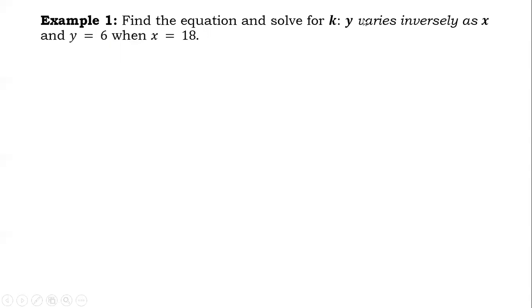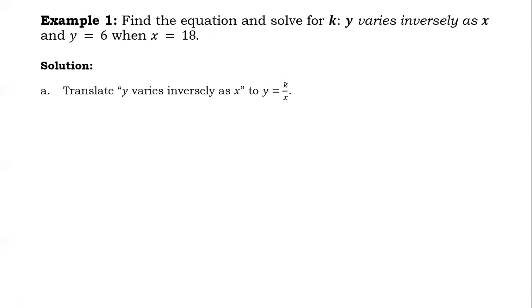The first thing that we're going to do is translate the mathematical statement into a mathematical equation. So y varies inversely as x is written as y equals k over x. Just remember and follow the inverse variation equation.